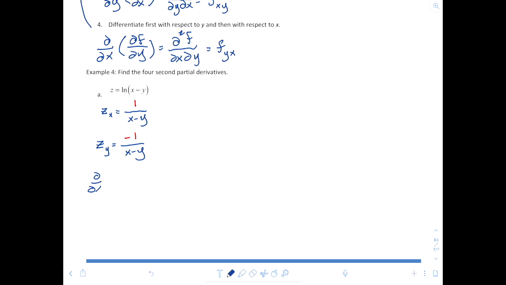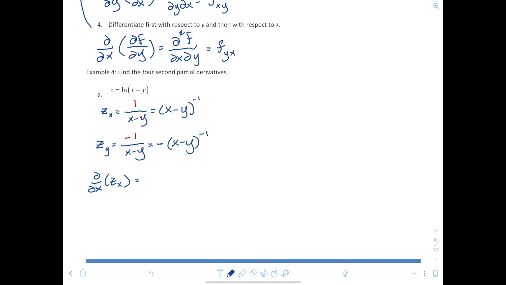So d/dx of z_x is going to be what? Isn't z_x equal to x minus y to the negative 1? And z_y is equal to negative x minus y to the negative 1.